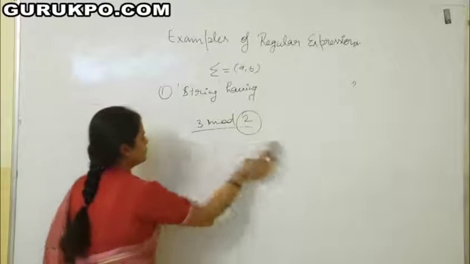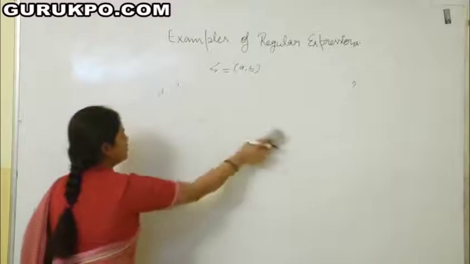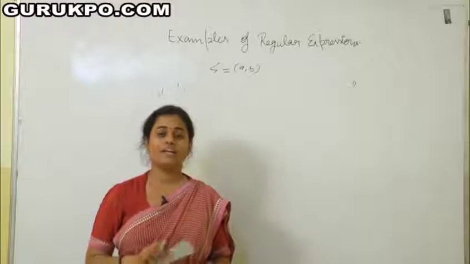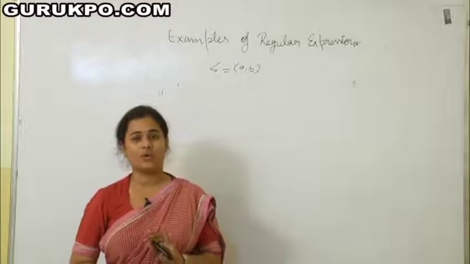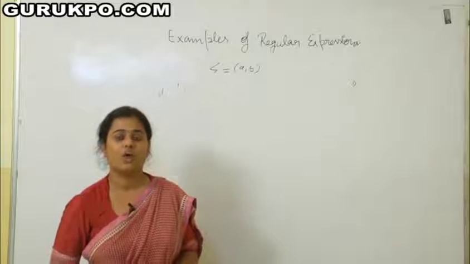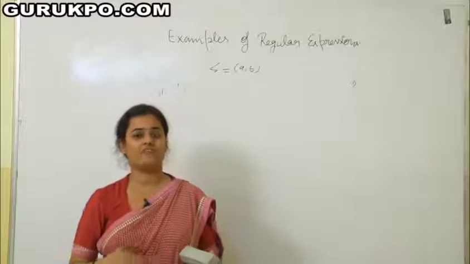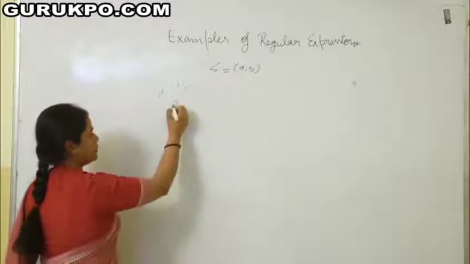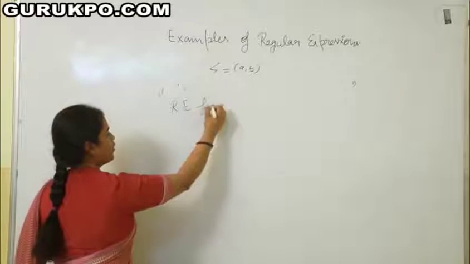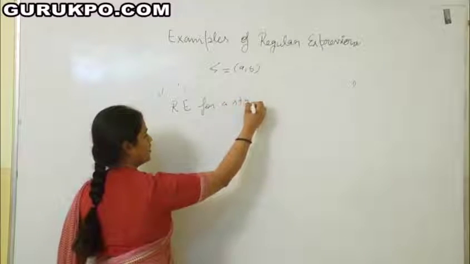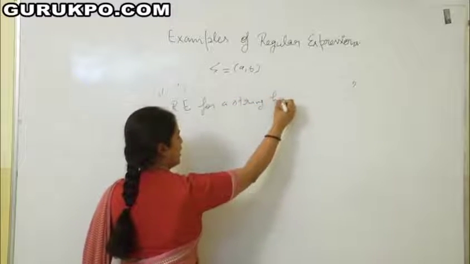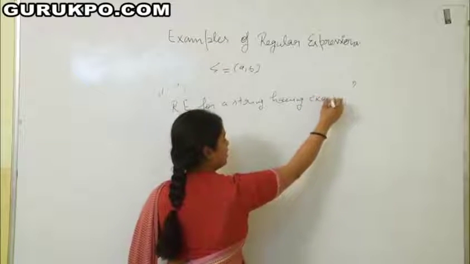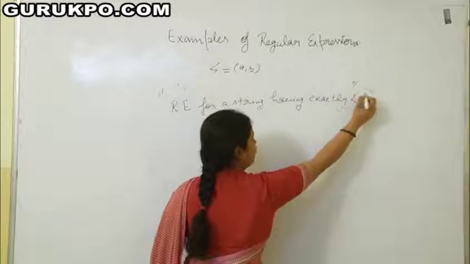Now, this is about all these regular expressions which we have studied till now. All are dependent on the length, we are talking only about the length of strings. Now, we can also talk about the number of A's, number of B's, etc. Suppose I have to write a regular expression for a string having exactly 2 A's.